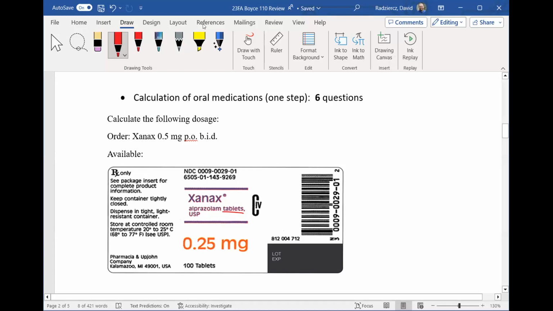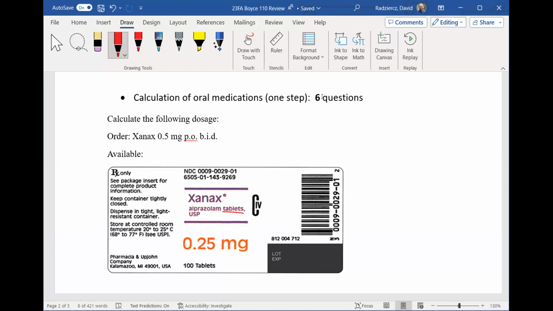Now, some of the things you may not be familiar with yet are things like what PO and BID stand for. You will see that over time, understanding what those terms mean, but sometimes it might be helpful. I think I do have a document that explains all these different definitions, that way you can reference it and see what each of these things mean.